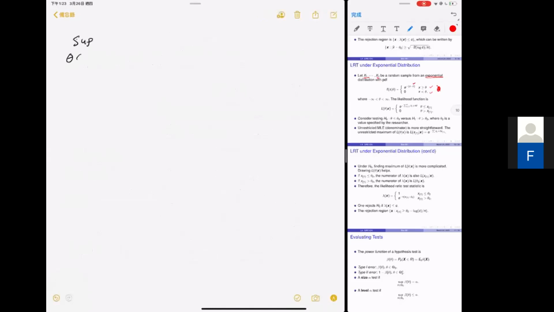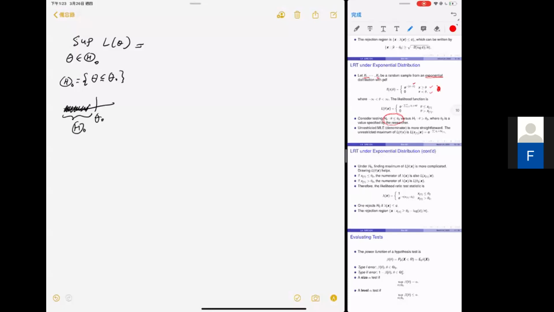In the numerator, the thing is more complicated because remember what your null space is. Your null space is theta smaller than theta 0. So it's not a single point anymore; there are multiple points in your null space.